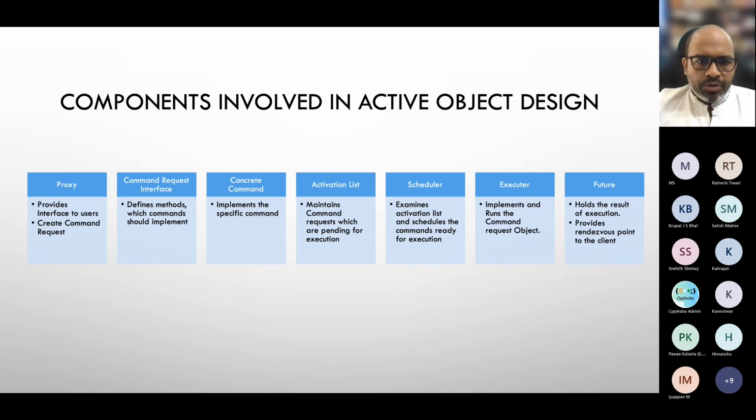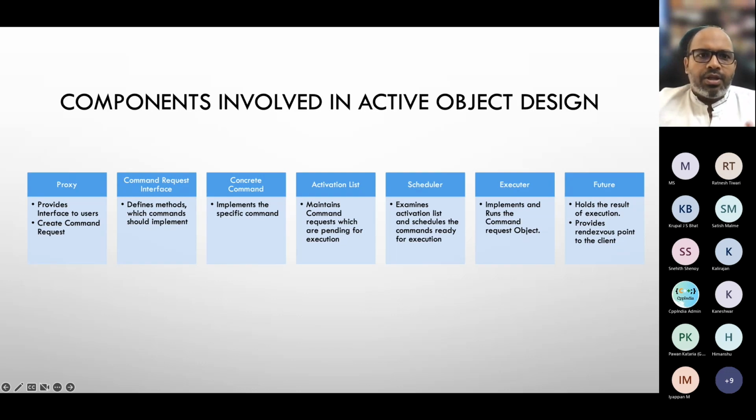So let's go through some of the components involved in active object design. There are a total of 7 components, but it's kind of 6 components. I will tell you what I mean. But don't be overwhelmed by this. We will break this down, and it's not as difficult as it looks. The first component is the proxy.